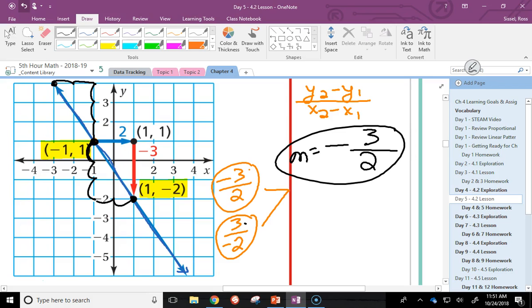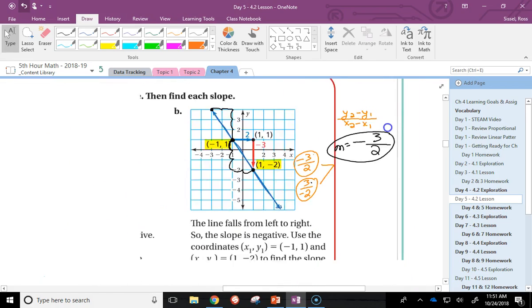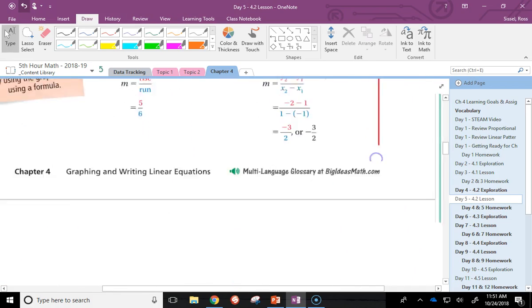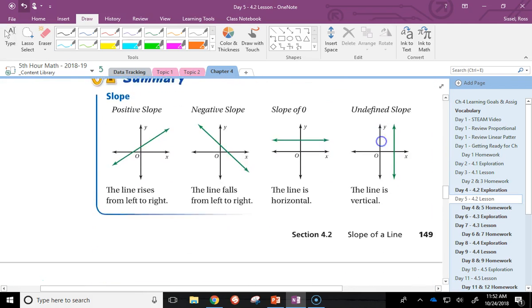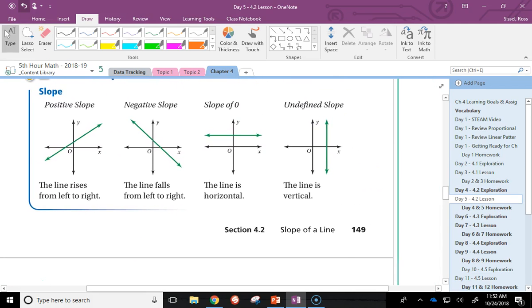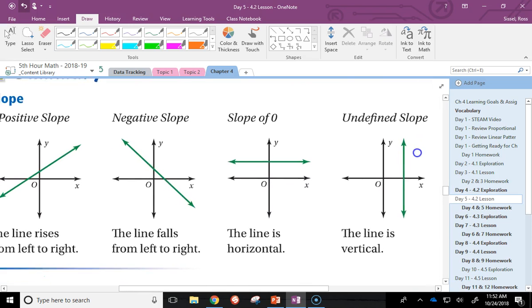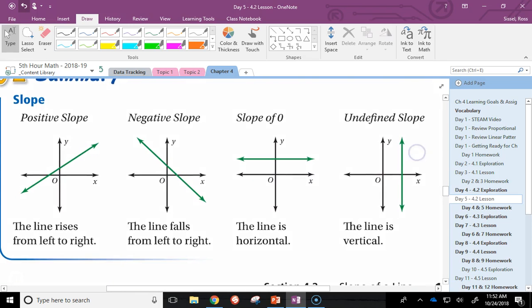I'm going to scroll down on this like I did with my other class because I want you to see something. We have 4 slopes that we need to know.